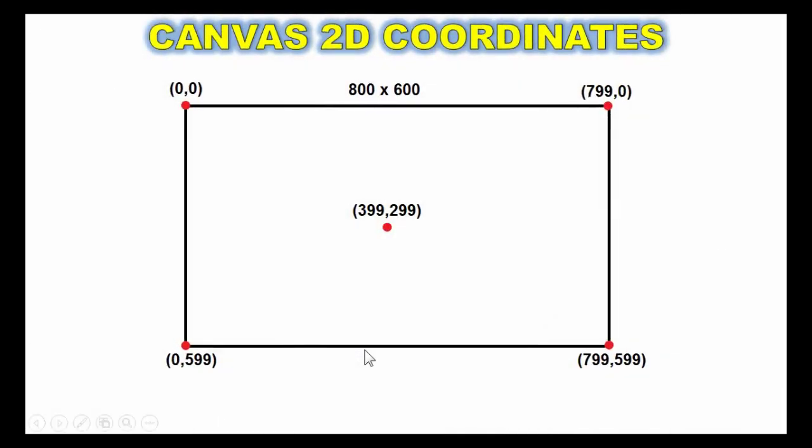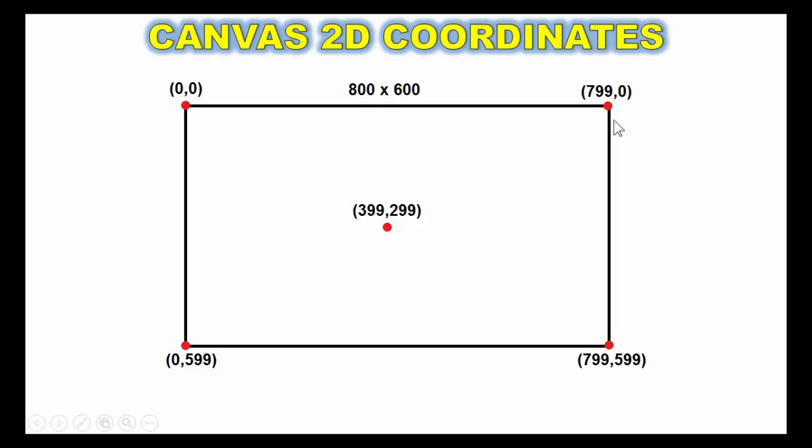Canvas two-dimensional coordinates. To draw graphics on the canvas, we need to be familiar with the two-dimensional coordinates of the canvas. The origin, located at coordinate x-axis 0, y-axis 0, is located at the left top corner, not at the center of the canvas. If the width is 800 and the height is 600, then the center is located at coordinate x-axis 399, y-axis 299.